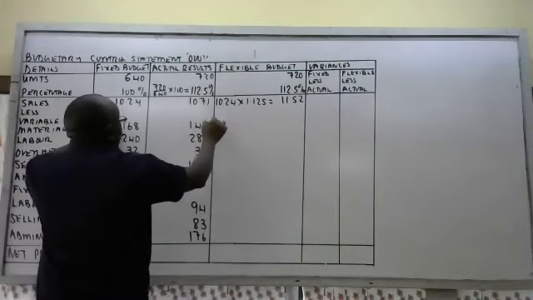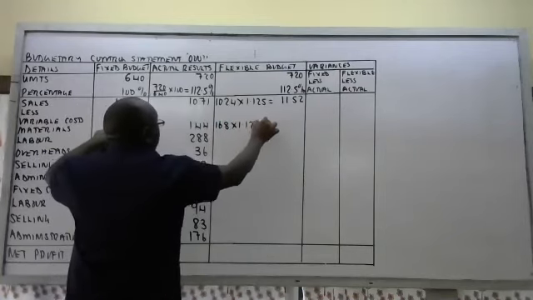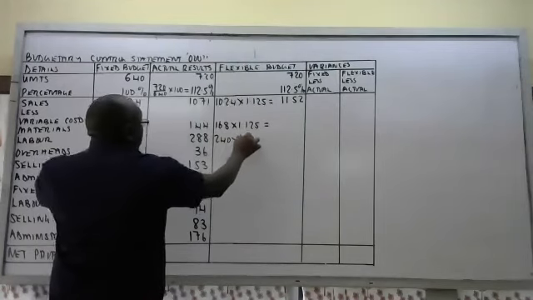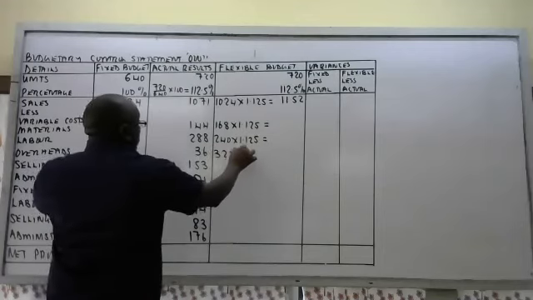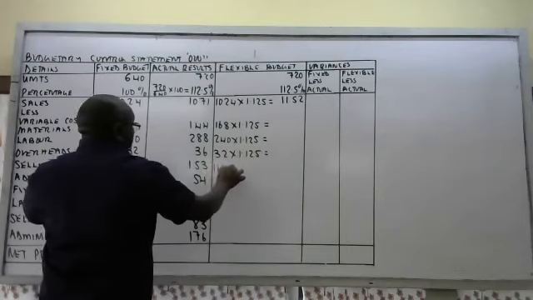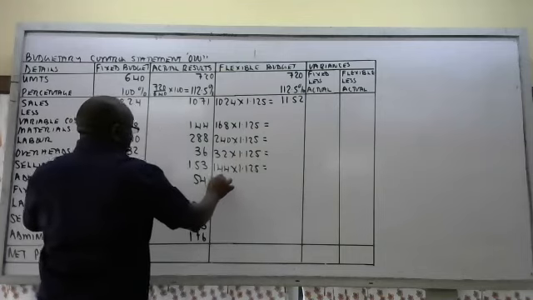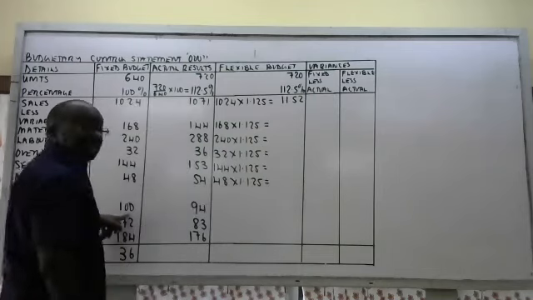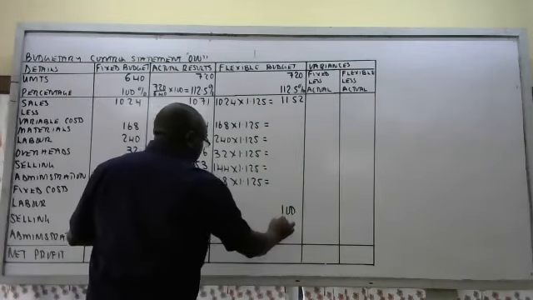So for material, I would then say 168 times 1.125. Then 240 times 1.125. Then 144 times 1.125. This is 48 times 1.125. But the fixed costs remain as they are in the original.